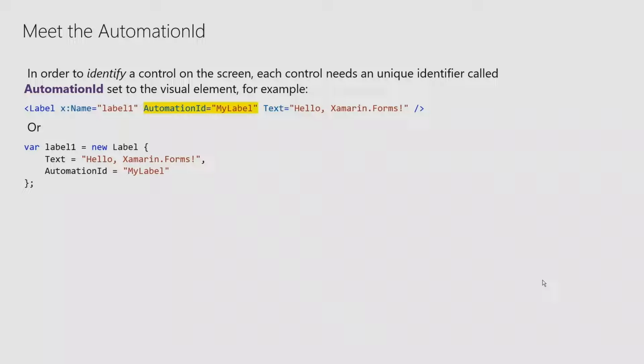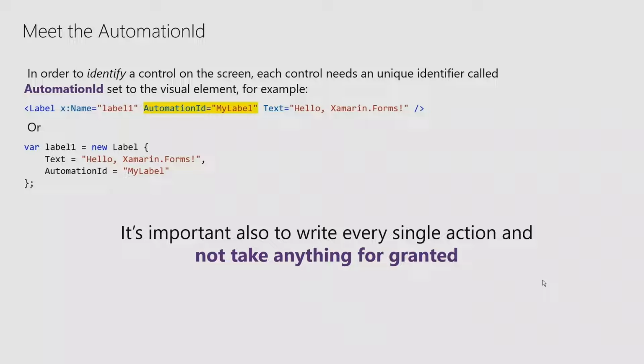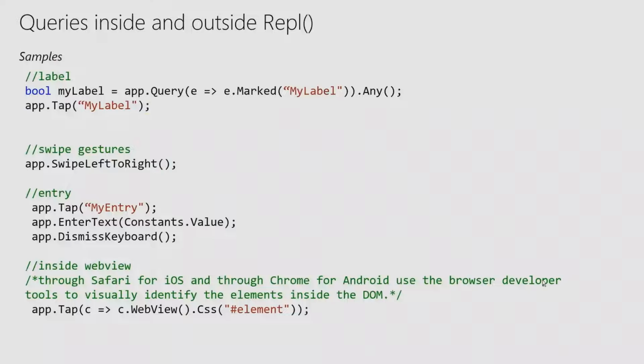Also, while writing the UI test, it's important to not take everything for granted, and to try to imagine every single action a user might perform on your interface. Everything that you will be testing are just simple queries that can be written inside the REPL to quickly identify them, and then you can move them inside your test.